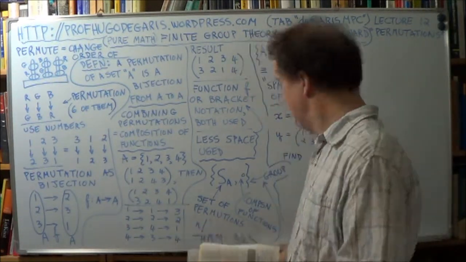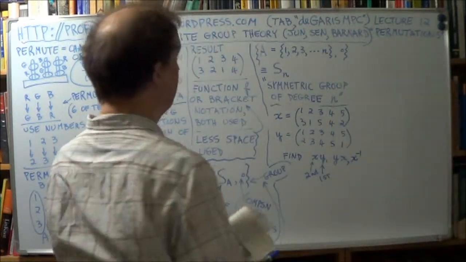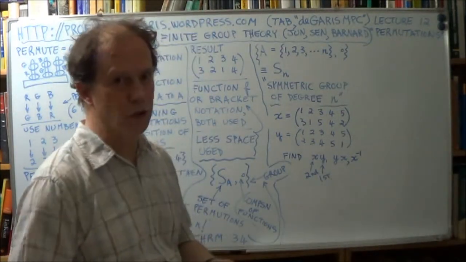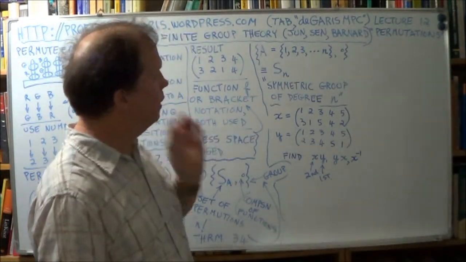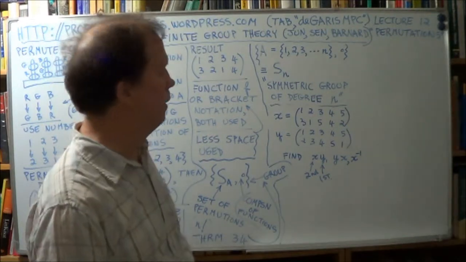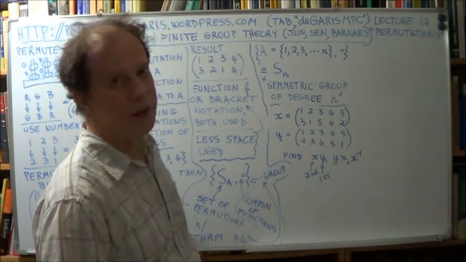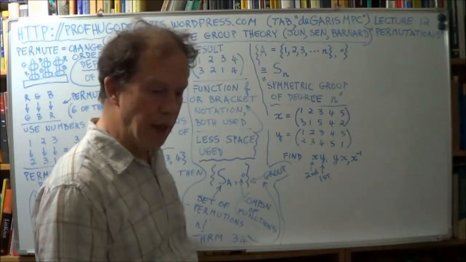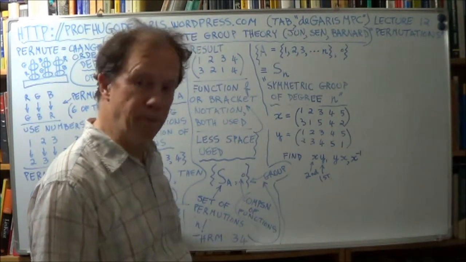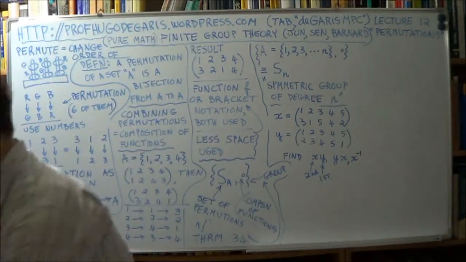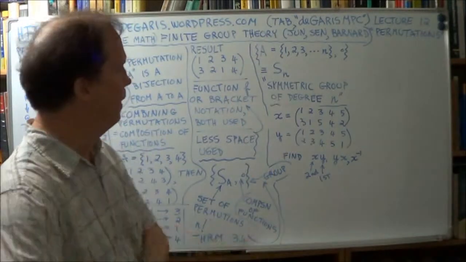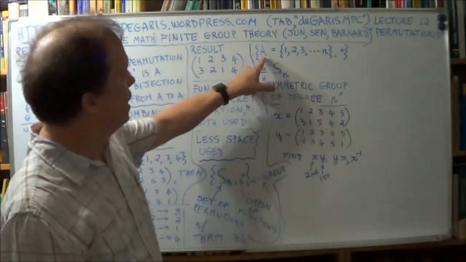Now this particular group is so common and pretty famous in group theory that it has its own symbol and its own name. In fact, as I was mentioning a bit before, here's your set.